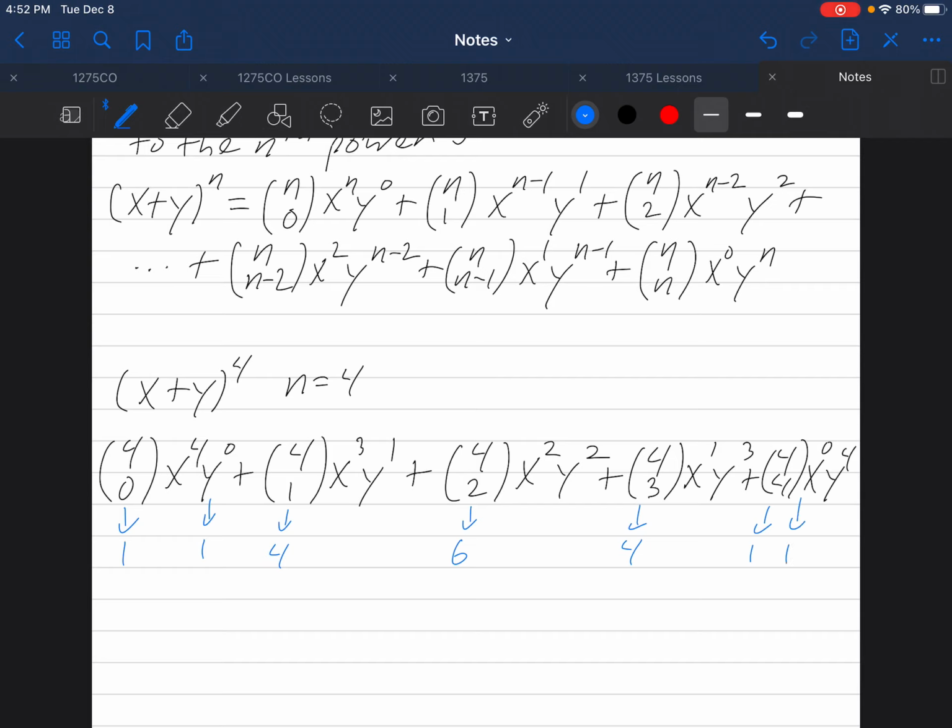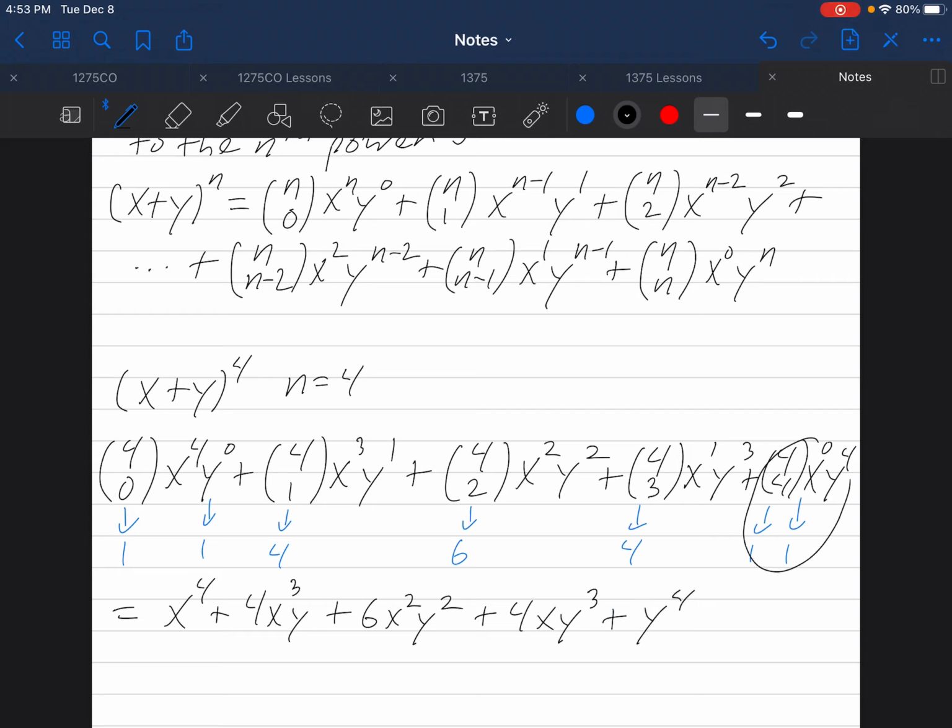In addition to that, x to the 0 power, again, anything to the 0 power, is equal to 1. So this ends up equaling x to the 4th power plus 4x to the 3rd times y plus 6x to the 2nd times y to the 2nd, plus 4 times x times y to the 3rd plus y to the 4th, after we clean this up, because 4 choose 4 and x to the 0 are both equal to 1.